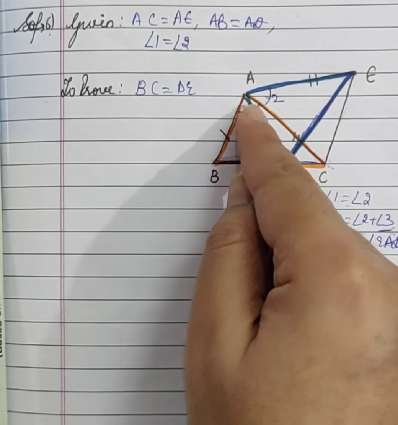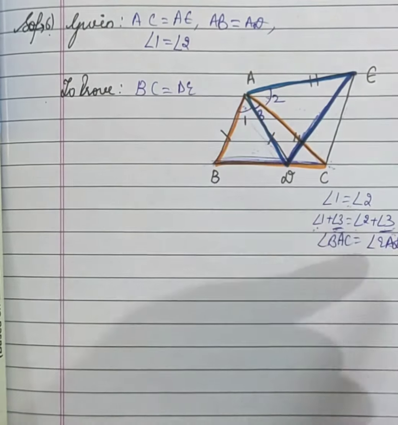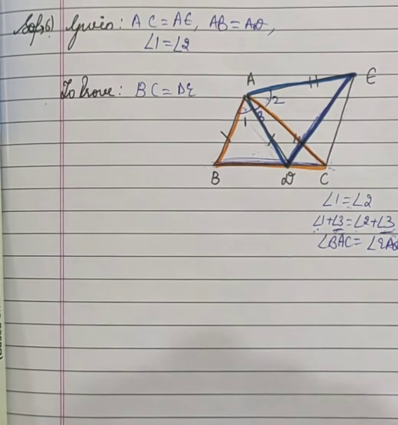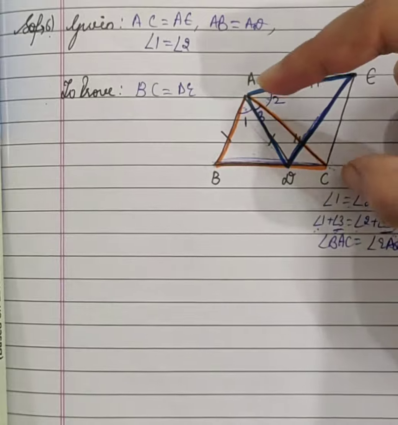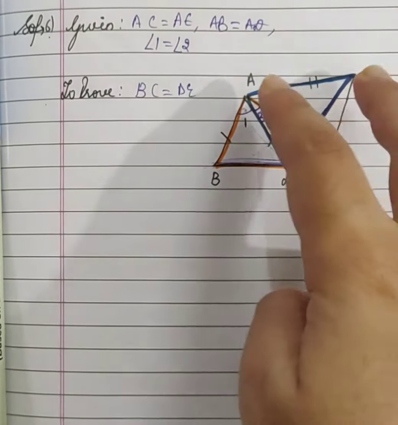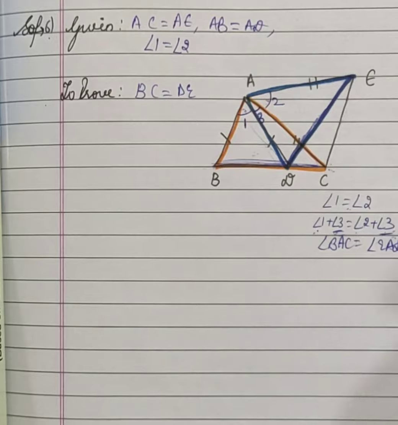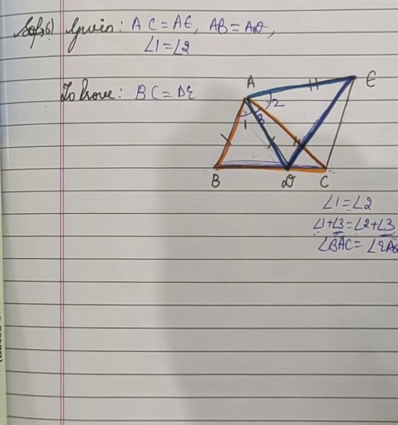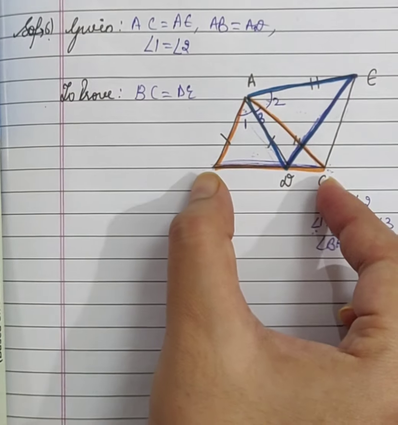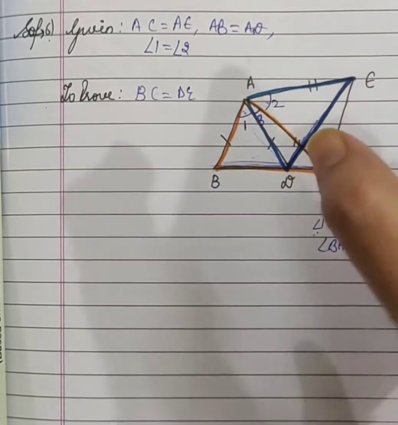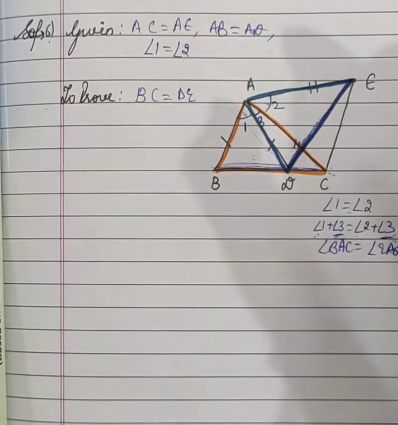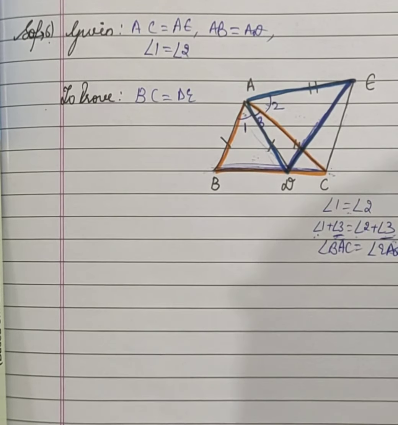Angle BAC of the orange triangle is equal to angle EAD of the blue triangle. This is the second condition. The third condition is AC of the orange triangle is equal to AE of the blue triangle. This condition is also given. So by side angle side congruence, we can say the two triangles are congruent, and by CPCT, BC will be equal to DE, because BC is a part of the orange triangle and DE is a part of the blue triangle. So we can do this in this way.